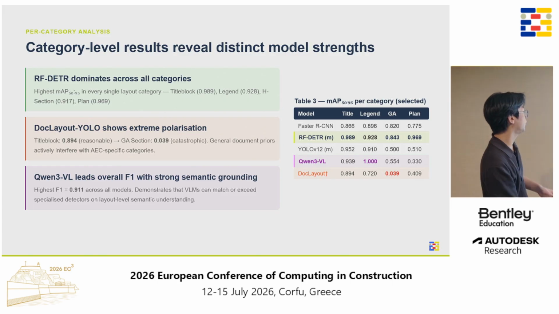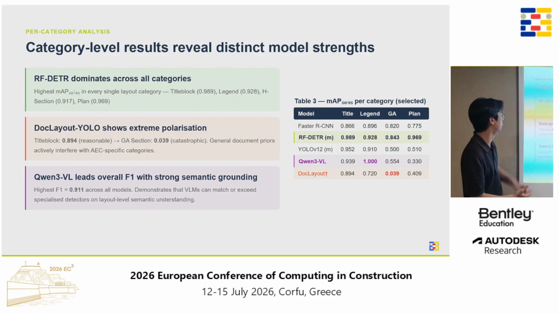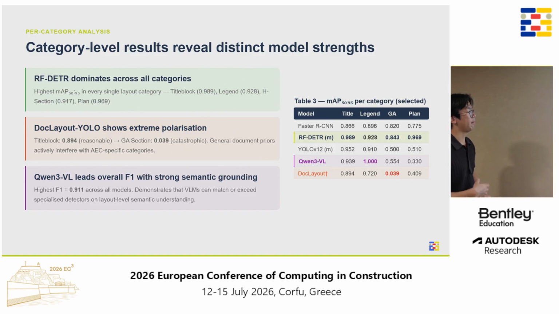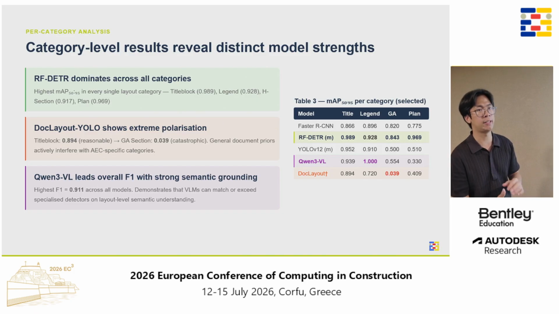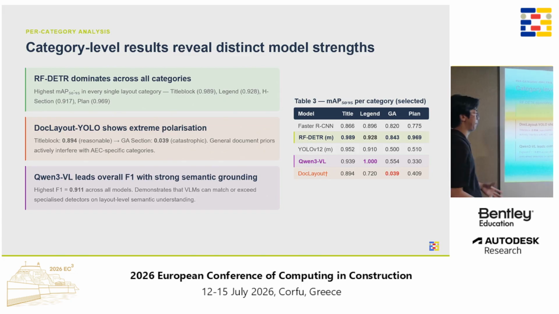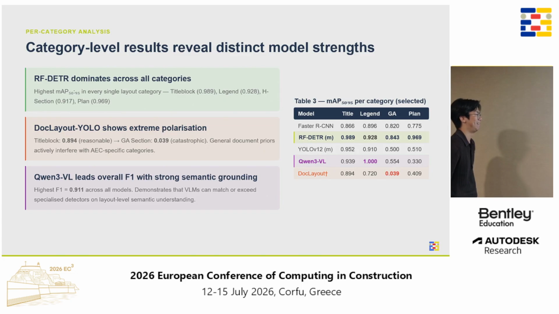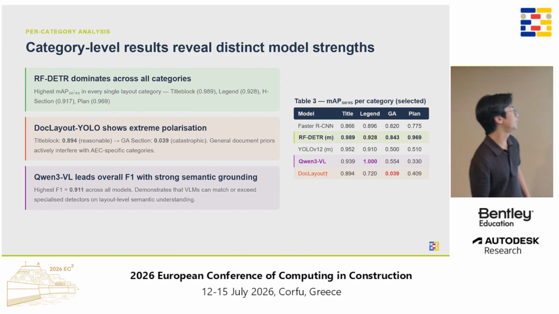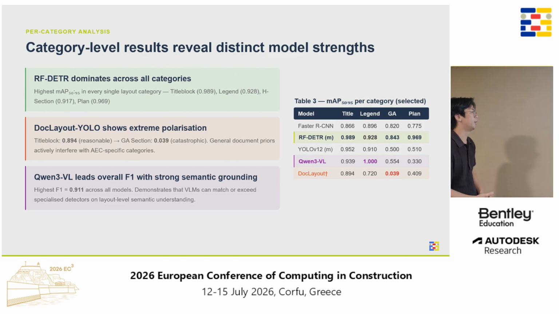For the title block, it's a reasonable figure, and I think the main reason is that the title block is basically text-centric, formed by text. But for the general arrangement section, it is really bad, nearly 0. So you can see the general document training actively interferes with the AEC-specific categories.